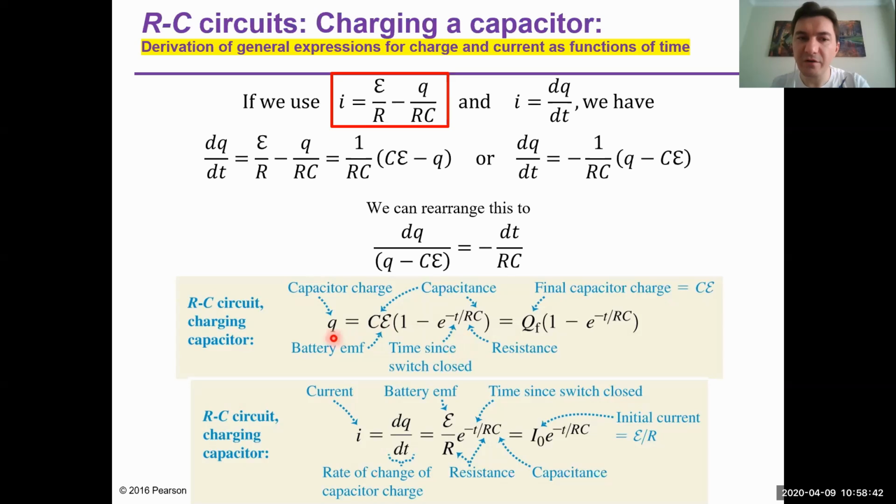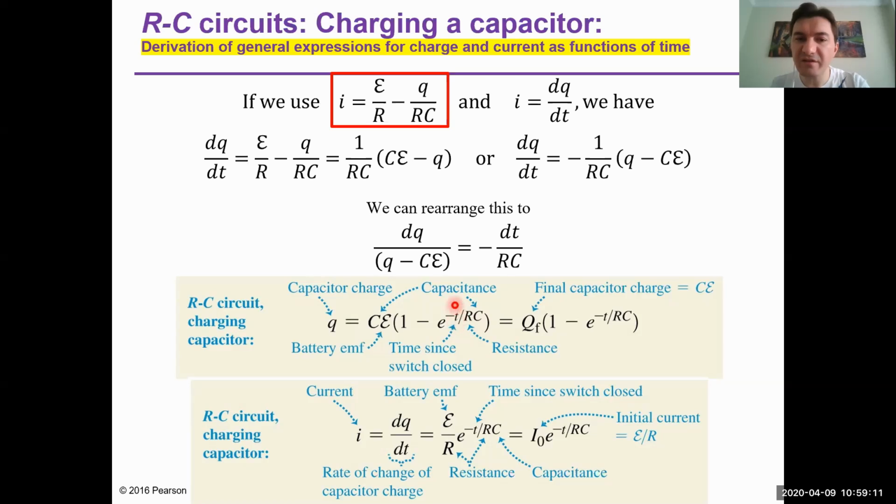Okay? So what do you see here? If this term goes to 0, this one will reach its maximum value. At the beginning, when the time is 0, this term is 1. 1 minus 1, Q is 0. Then we have an uncharged capacitor.